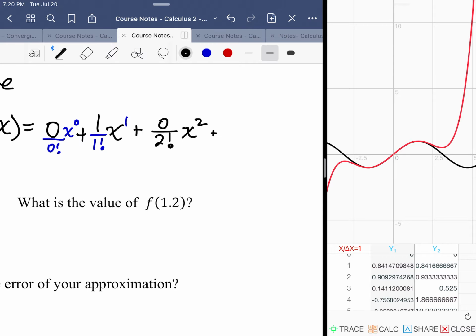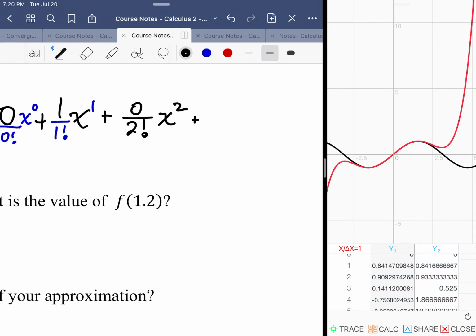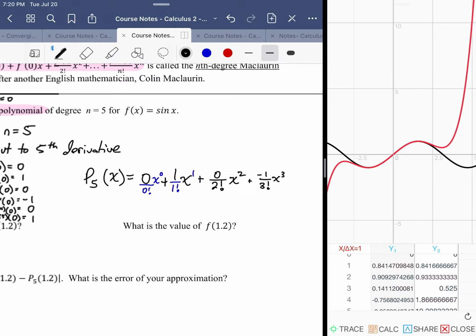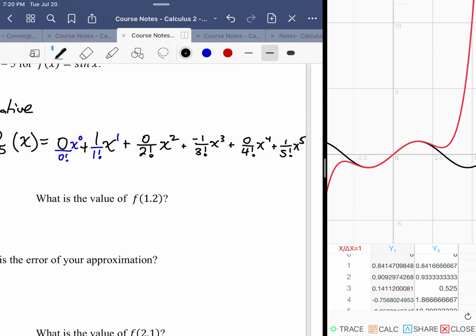All right. So plus, the next one was -1 over 3 factorial x cubed, back to 0, and then the last one would be 1. So plus 0 over 4 factorial x to the 4th, plus 1 over 5 factorial x to the 5th.